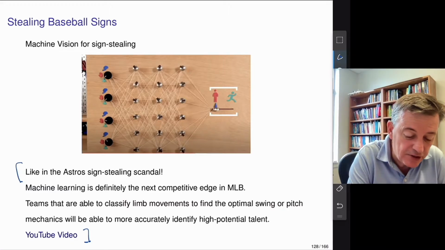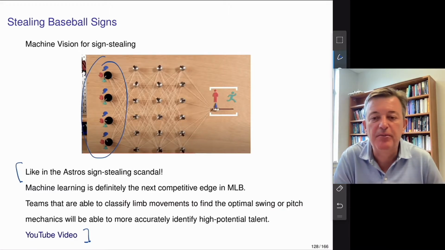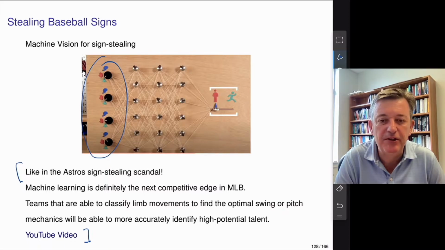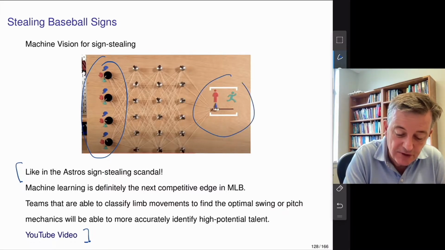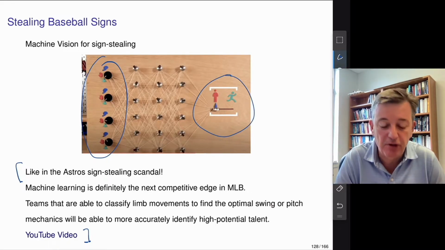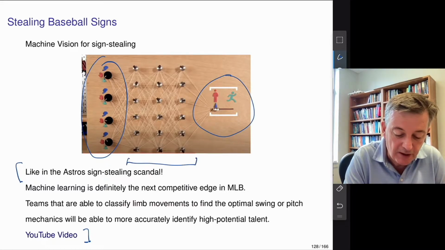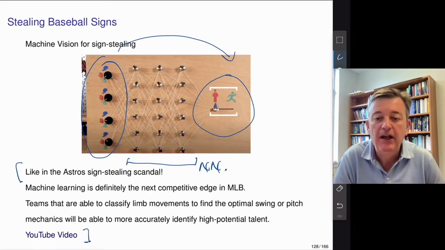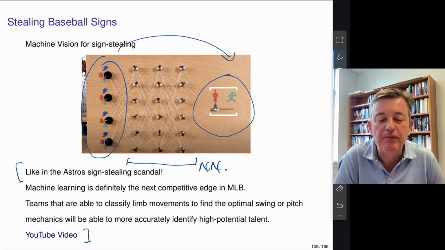So the catcher here can use a bunch of different signals: touching a cap, touching a nose, putting some fingers down, to suggest what type of pitch to throw. And again, if you look at the video, there's some neural network model here that does the mapping from input to output, and so you can figure out from video footage what the pitches are likely to be.